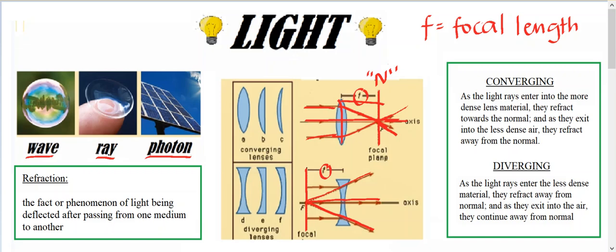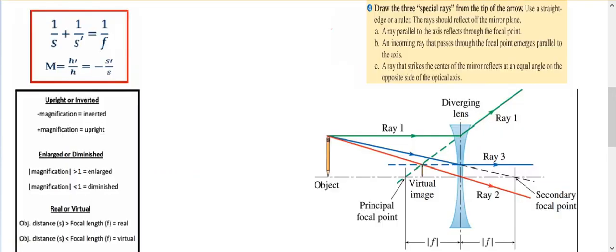It's a little covered up, but we'll mark it again. And in diverging, the focal point is behind the lens. Therefore, in converging lenses, we always have a positive focal length, and in diverging lenses, we always have a negative focal length.